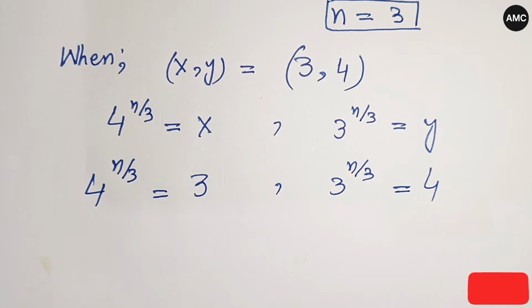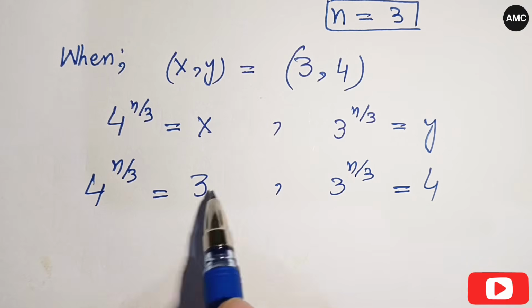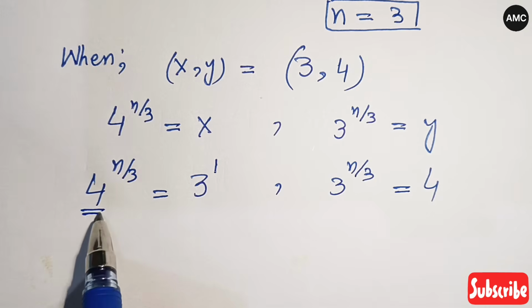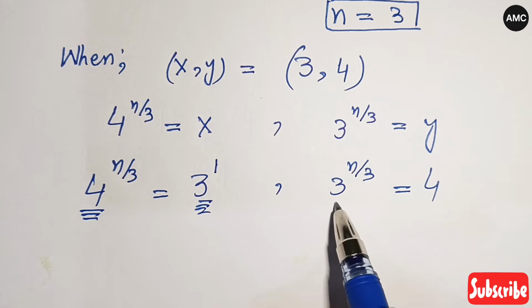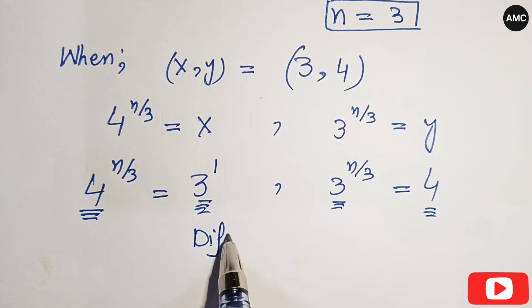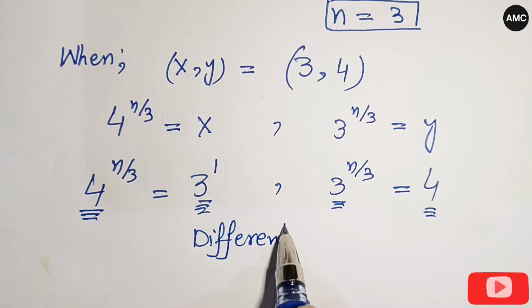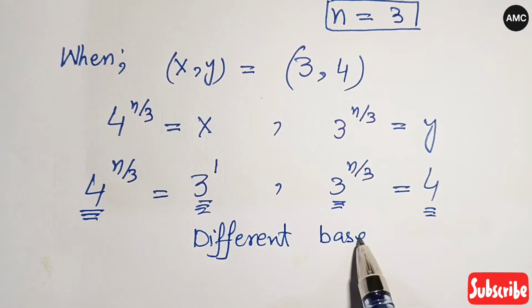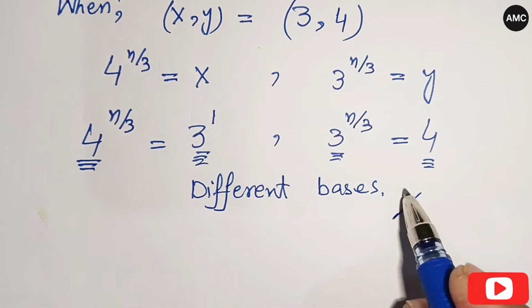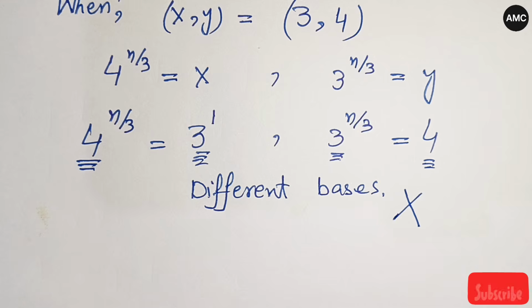So here the exponent is n over 3, and here the exponent is also 1, but we have different bases. It is 4 and 3, and it is 3 and 4. It means that if we have different bases, no integer can be found. We don't use these values here.